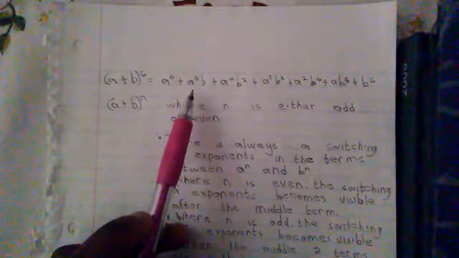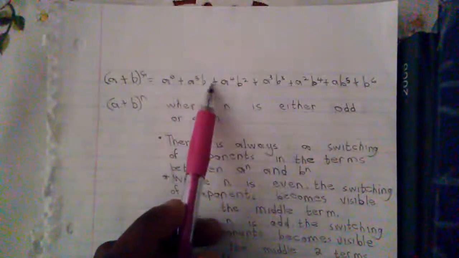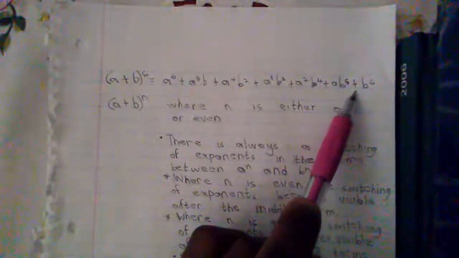So again, it's going to be a to the 6th plus a to the 5th b plus a to the 4th b squared, plus a to the 3rd b to the 3rd, plus a squared b to the 4th, plus a b to the 5th, plus b to the 6th.